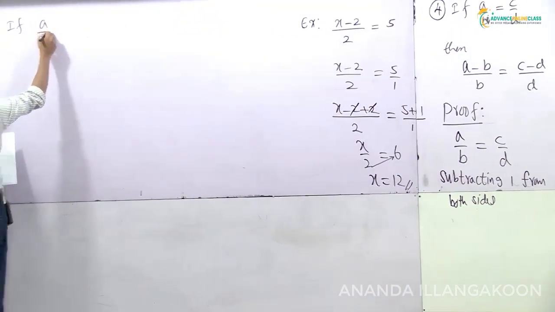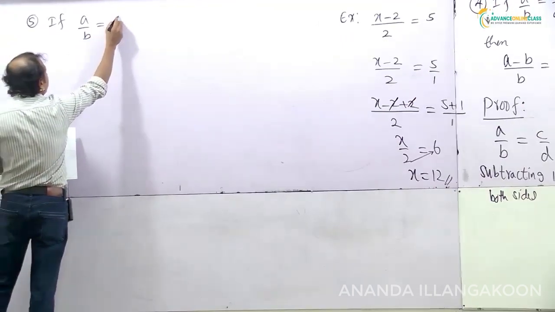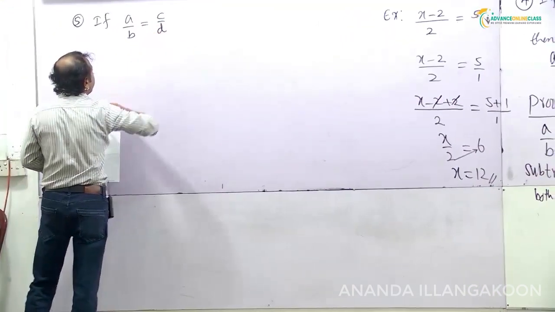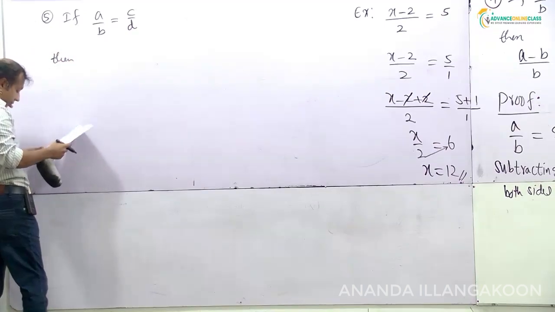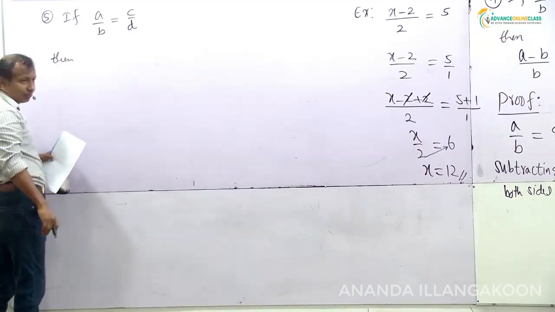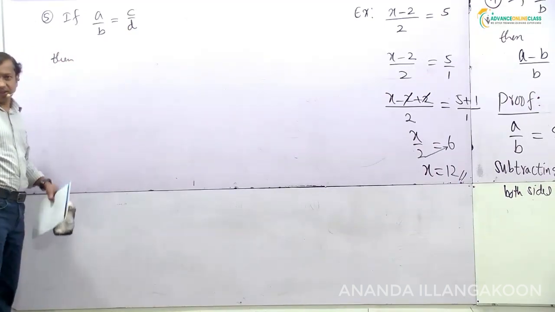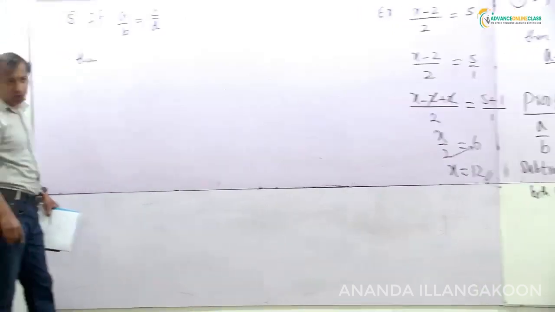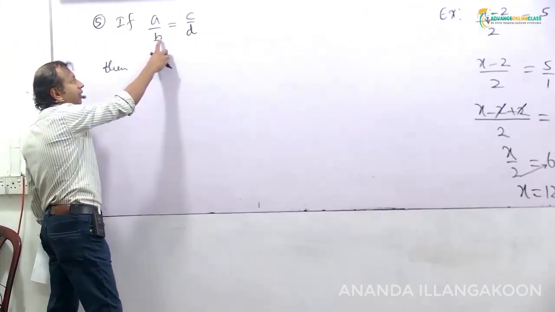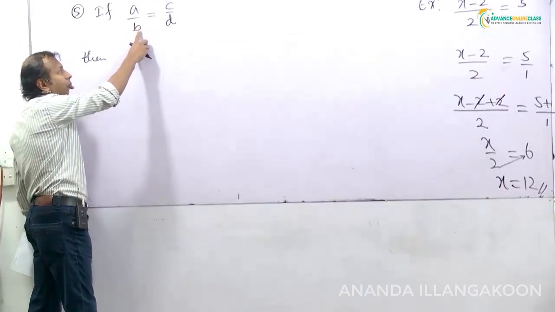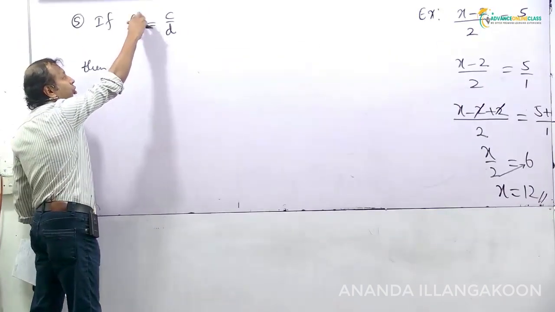If A upon B equals C upon D, then I'll tell you the way of writing this. First, we add this B to this numerator.